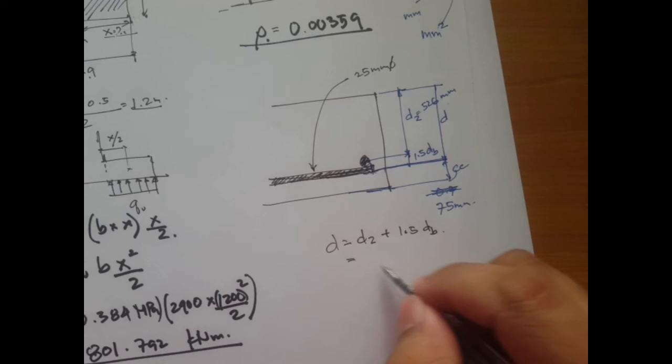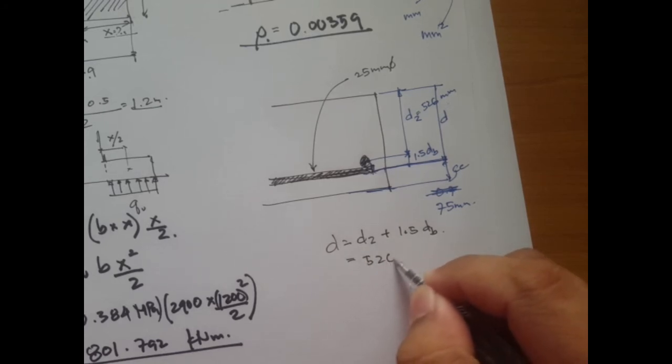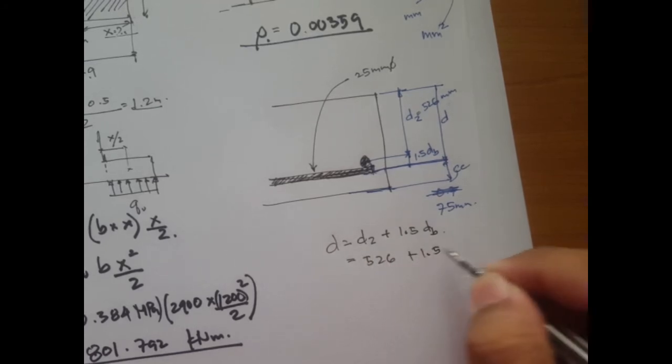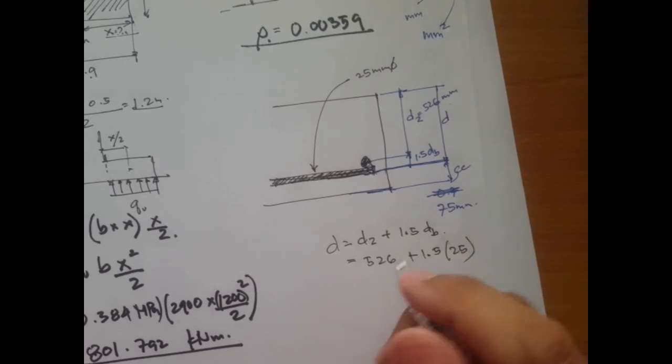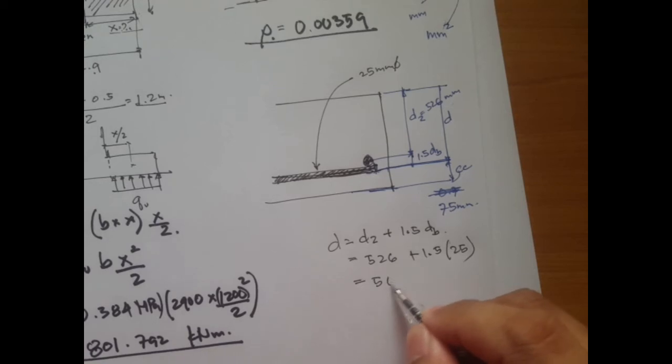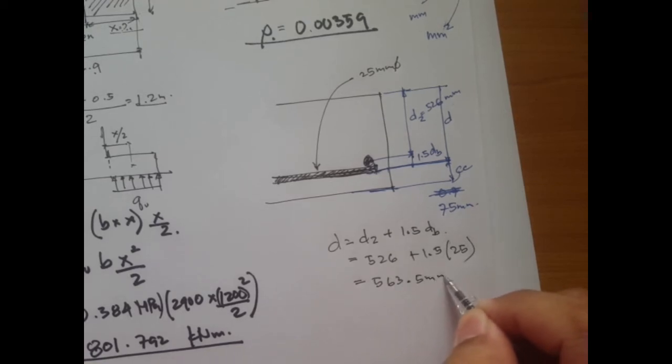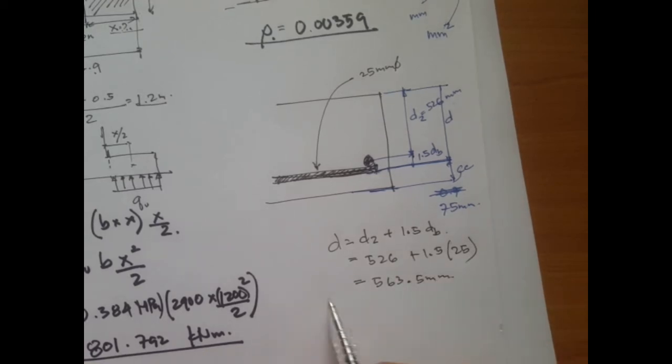If we substitute the values, we get 526 plus 1.5 times 25, and we have 563.5 millimeters.